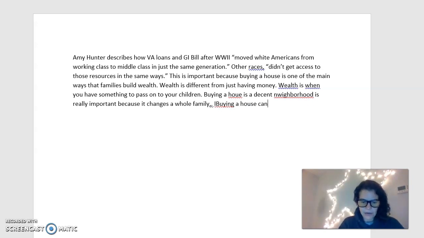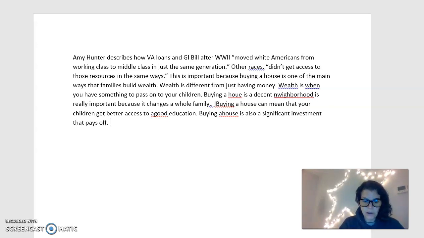Buying a house can mean that your children get better access to a good education. Buying a house is also a significant investment that pays off.